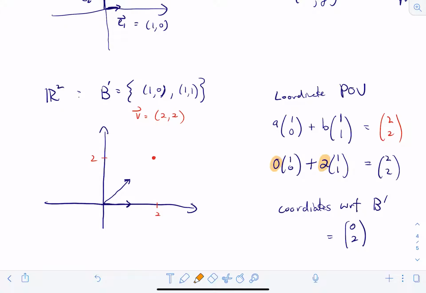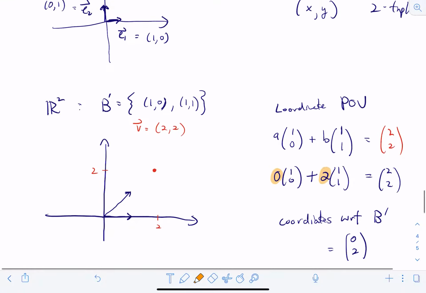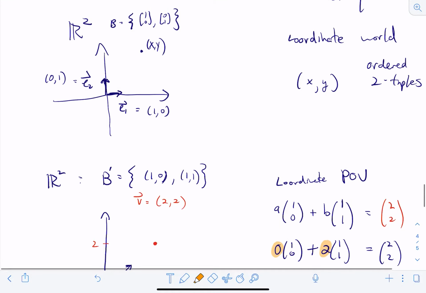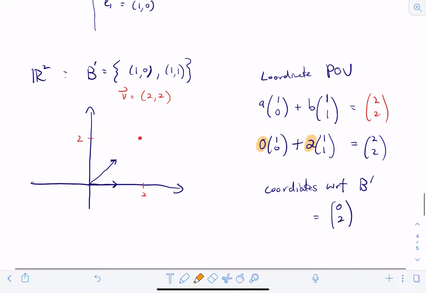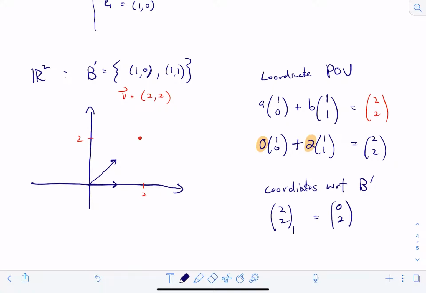So how is someone supposed to know whether I'm referring to the coordinates with respect to the basis B or the coordinates with respect to the basis B prime? Well, there's a couple ways we could do it. One way is we sometimes write the standard basis. So you write the thing with the standard basis, which would be like 2, 2, but then you put a little sub B prime here to indicate that you want to take the coordinate vector of that.